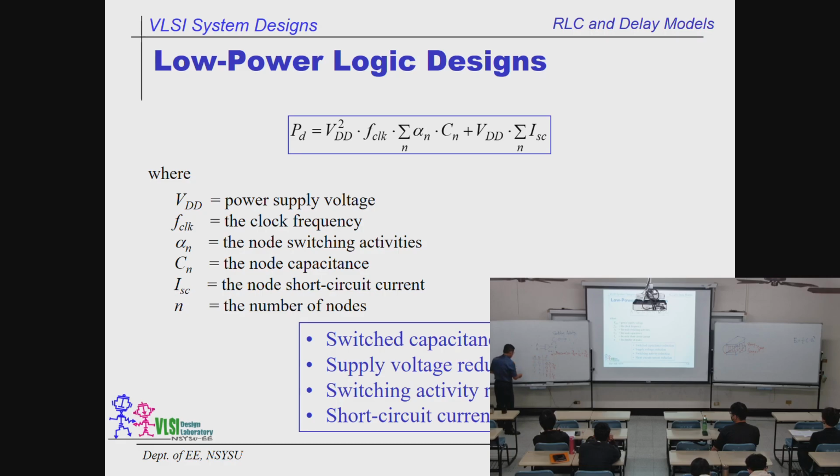Now, if you check in a similar way for exclusive OR, the switching will become half times half, about a quarter.